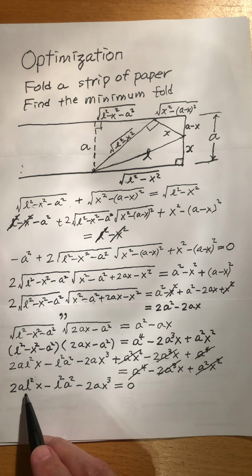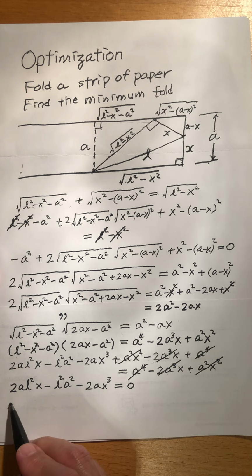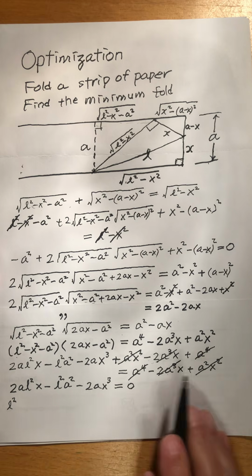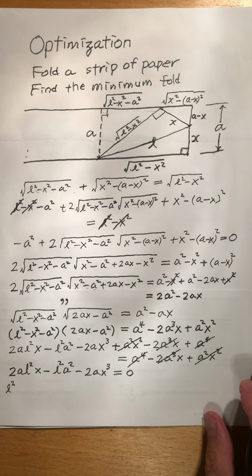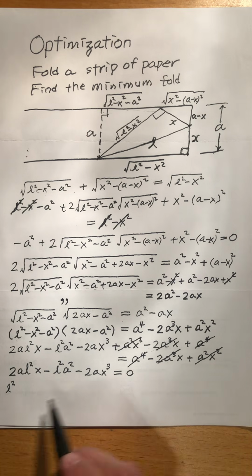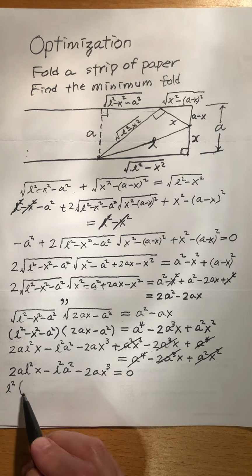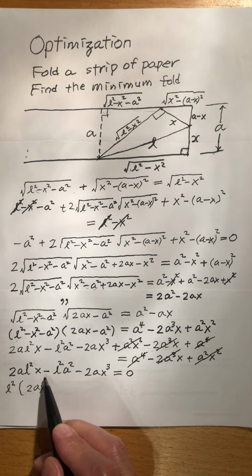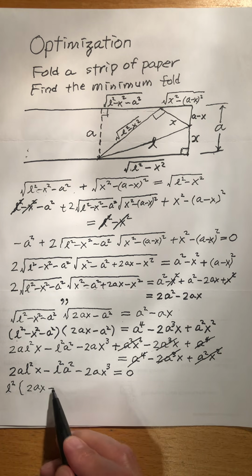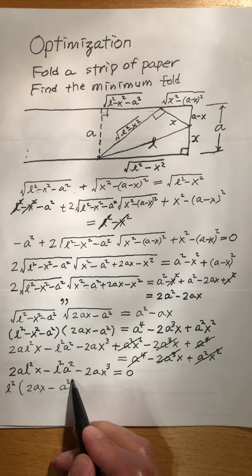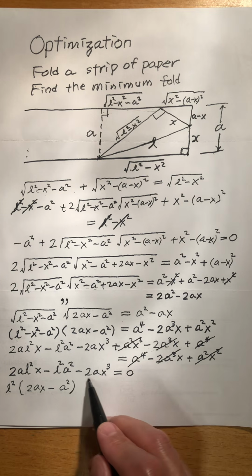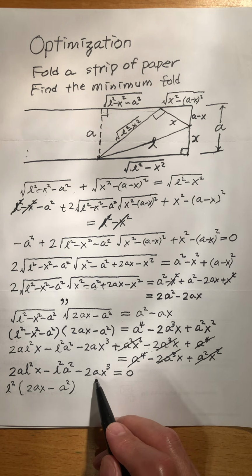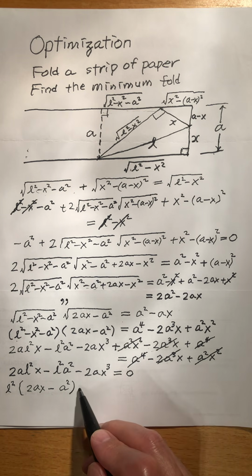Let me factor out L squared. I just want to check whether this is within the view. Yes, it is still within the view. So 2ax minus a squared, let me move this to the right-hand side.